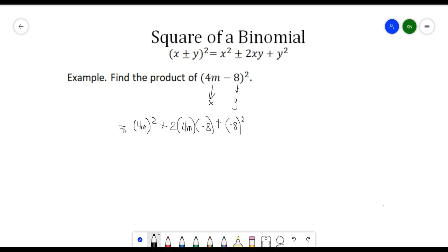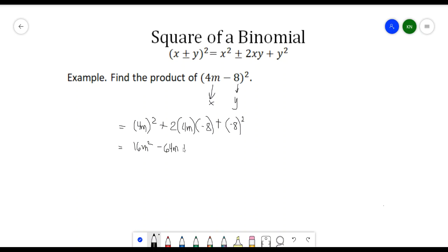Now, simplifying this one, we have 4m raised to 2, that is equivalent to 16m squared, plus 4 times negative 8, that is negative 32, multiplied by 2, that is negative 64m. And for this case, negative 8 times negative 8, that is positive 64.